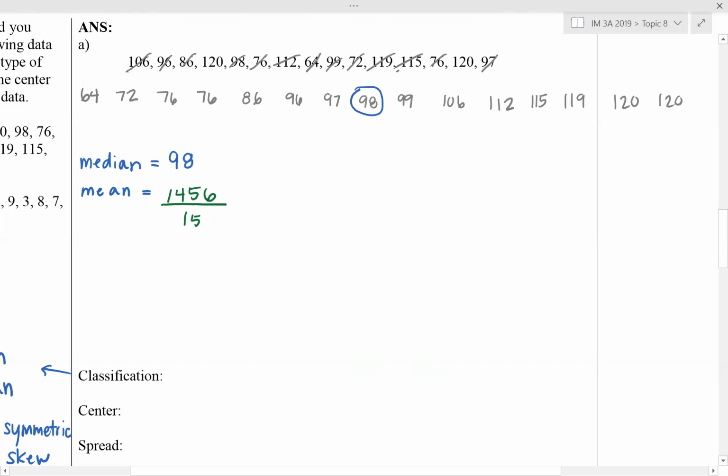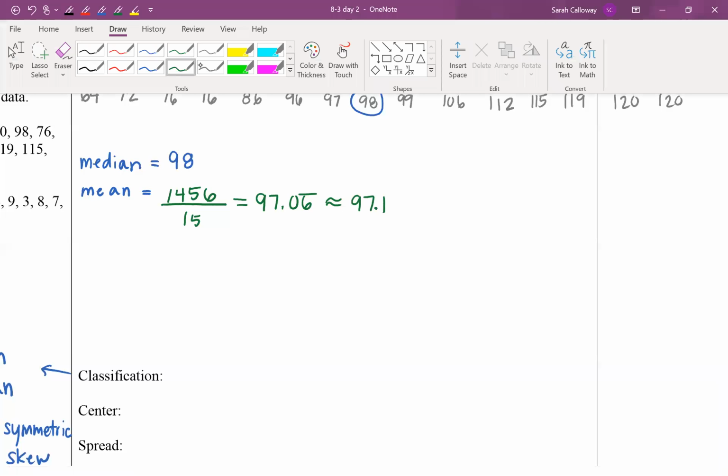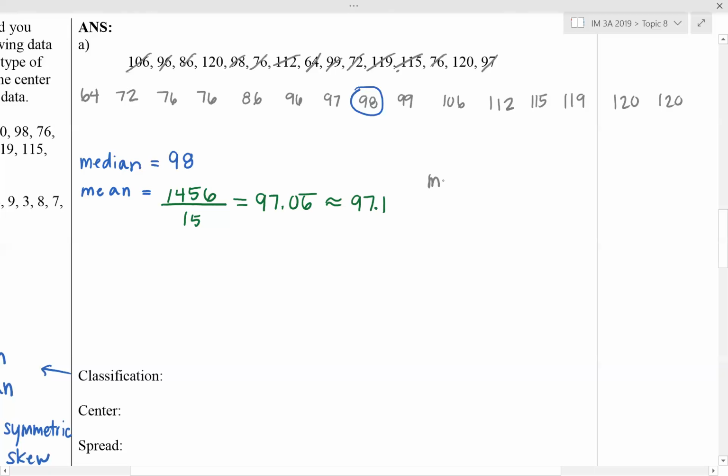If you want to pause and double check that, and then there's 15 numbers. And so if I divide that, it gives us 97.06 repeating, which we would just round to 97.1.